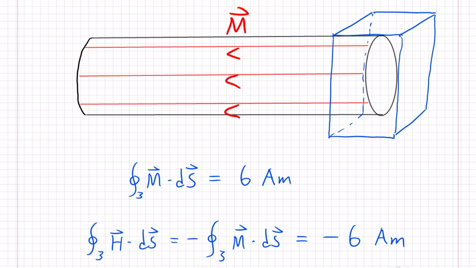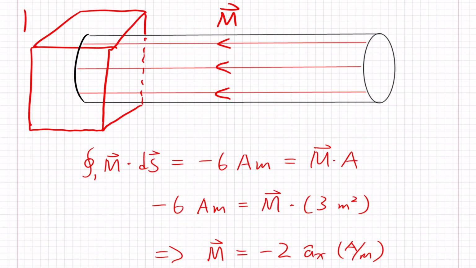To find the integral of H dot dS, we can use the equation we learned earlier, which gives negative 6 amp meter. We know that the integral of H dot dS must be negative because everywhere the magnetic field intensity is coming into the Gaussian surface. Lastly, we want to find the magnetization of the bar.